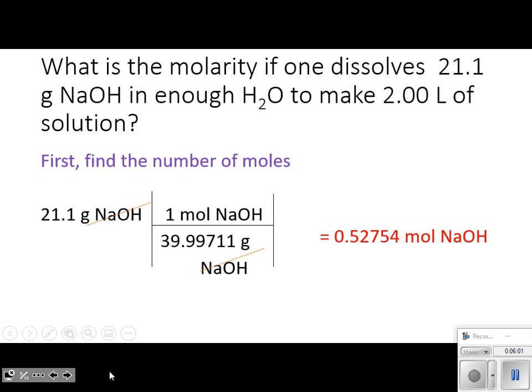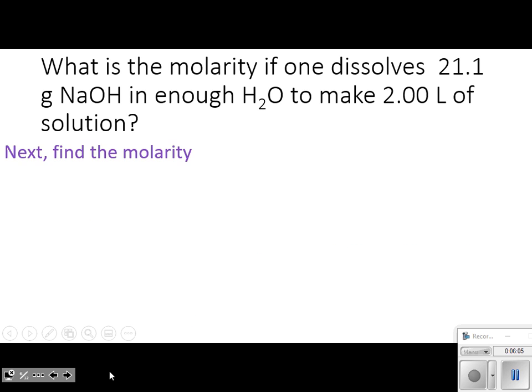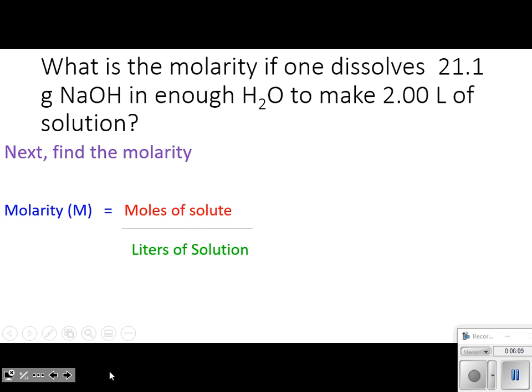Now, after I've got my value of moles, the next thing I need to do is find the molarity. And I know that molarity is equal to moles of solute divided by liters of solution. So I take the moles that I just calculated, and I divide it by the liters of solution, which is 2.00.